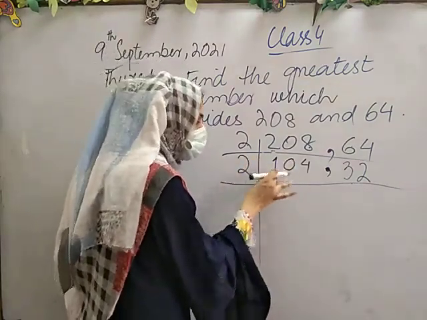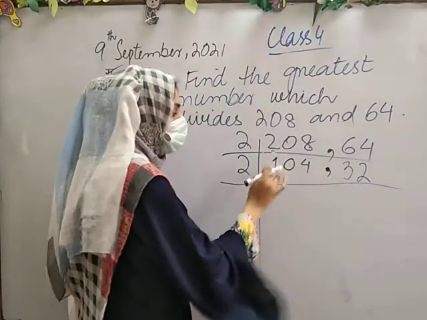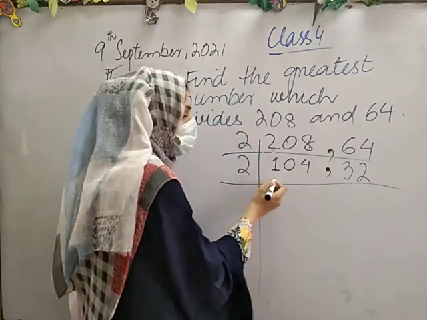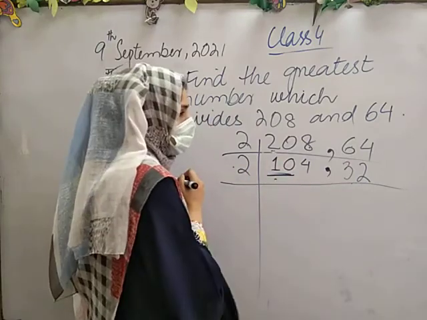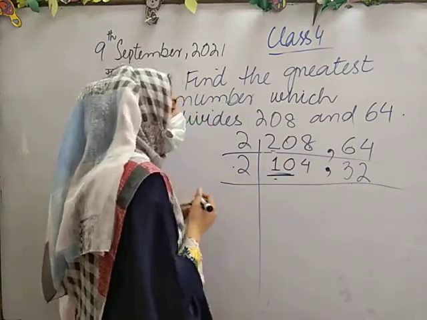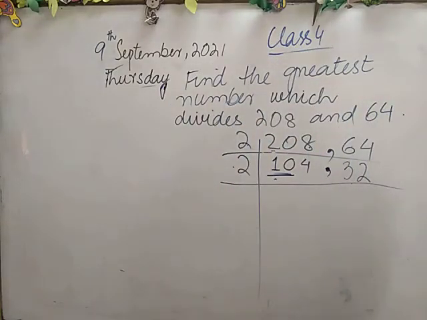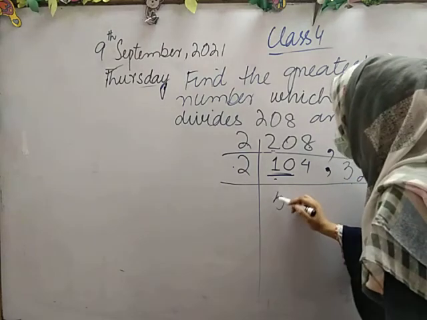If you look, the first digit of this number is 1, which is smaller than 2. So I will take a 2-digit number, which is 10. So by how many times I will multiply 2 to get 10? Who will tell me? Yes, Wajahat, you tell me. Very good. 5 times. I will write 5 here.